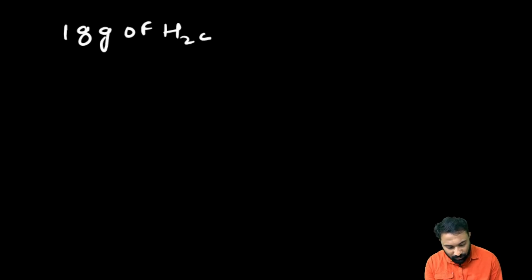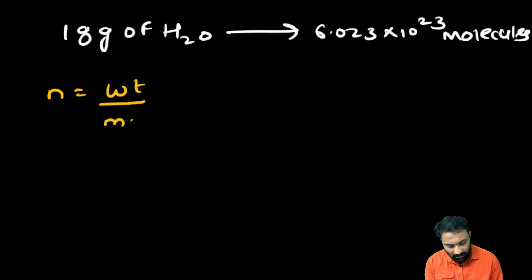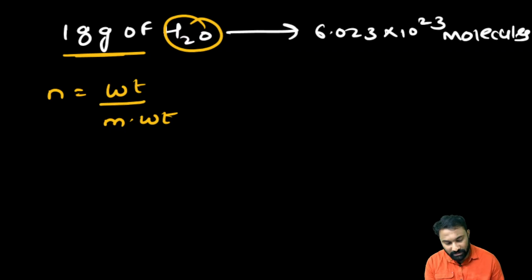Suppose this statement is given: 18 gram of H2O contains 6.023 into 10 to the power 23 molecules. This is also correct. Why? Now you see, number of moles is equal to weight by molecular weight. The weight 18 they have given, and the molecular weight of H2O is 18 gram. 18 by 18 becomes 1 mole, right?